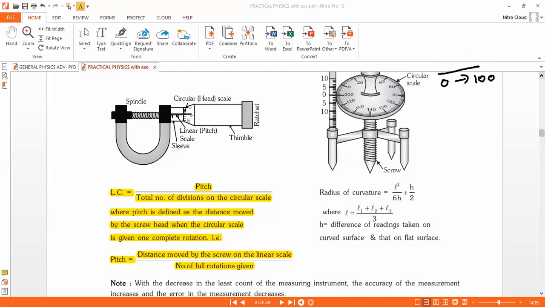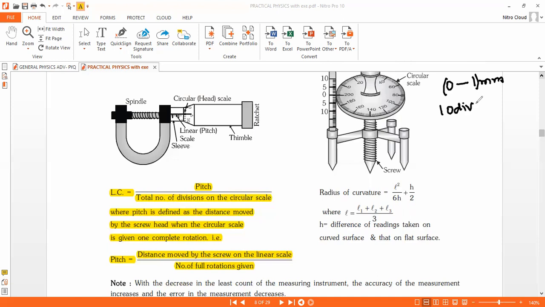Now we have the screw gauge in the market, in the order of millimeter and in the order of centimeter. Suppose we consider millimeter. Within 0 to 1 millimeter, we have 10 divisions, right?